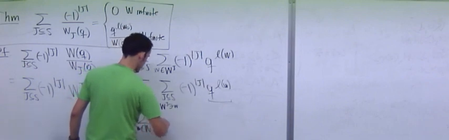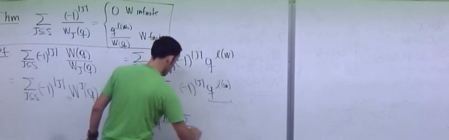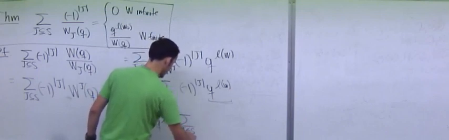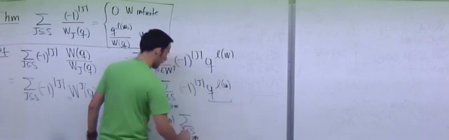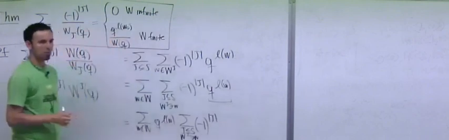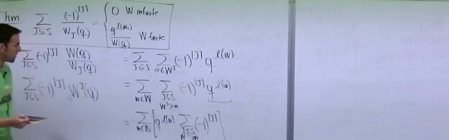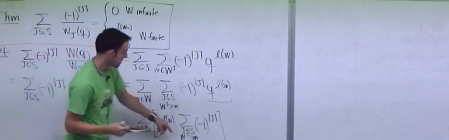So I get Q to the length of W times summation over the J such that the parabolic quotient contains W of minus 1 to the J. Okay. So I get this.